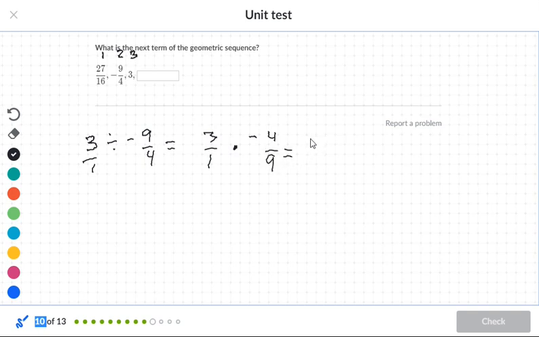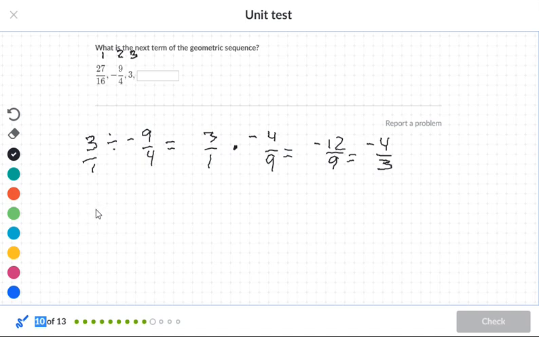So right here we'll do our multiplication. So this is going to be a negative 12 over 9. Now negative 12 over 9, the 3 will go into both. So 3 goes into negative 12, that'd be a negative 4/3. So it looks like it would be a negative 4/3 that we're timesing by. So let's go ahead and check that.